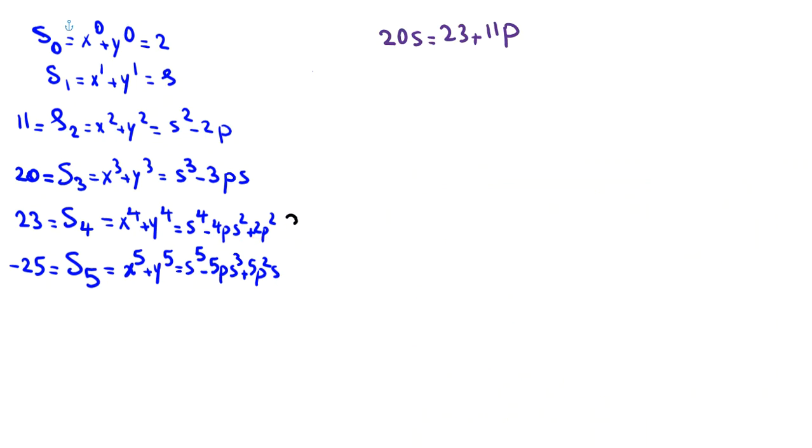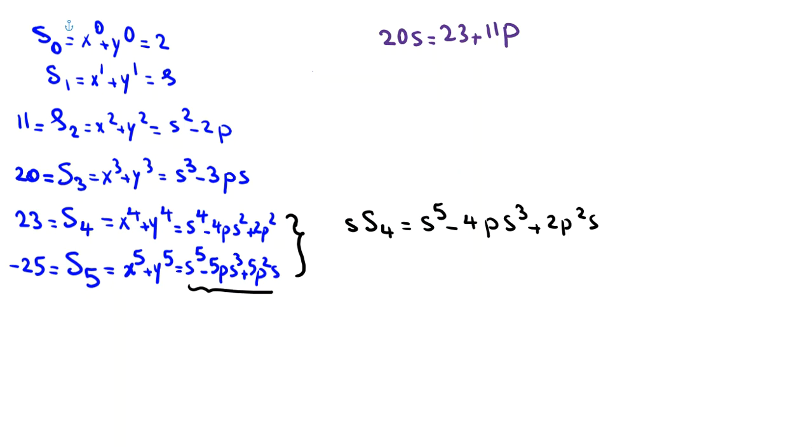Okay, now the first equation we've reached was this. We want to reach from S4 to S5. So if I multiply s by S4, then I have what? S5 minus 4ps cubed plus 2p squared s. So let's see what we need to reach this.